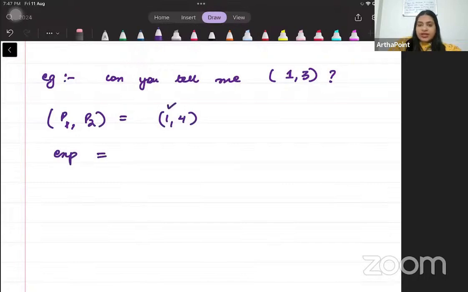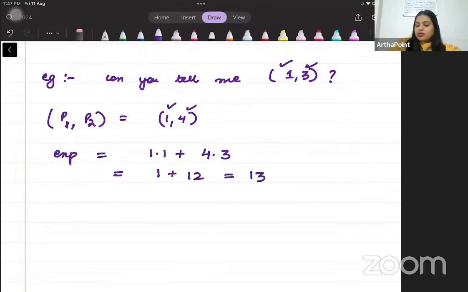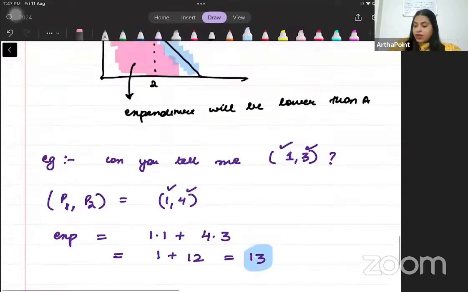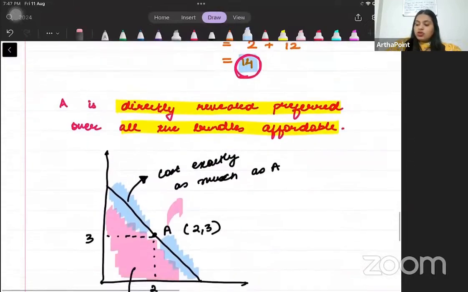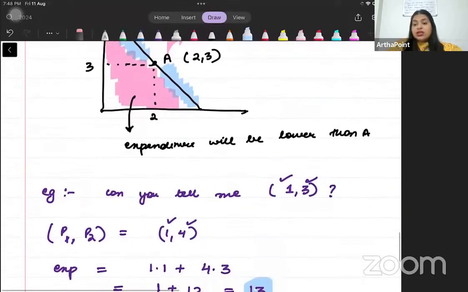Expenditure will be price of good X into units, plus price of good Y into units. So this will be 1 plus 12, which will be 13. This bundle costs you, total kitna kharcha ho raha hai is pe? 13 rupees. This was costing you how much? 14. It means this bundle is going to lie below the budget line.